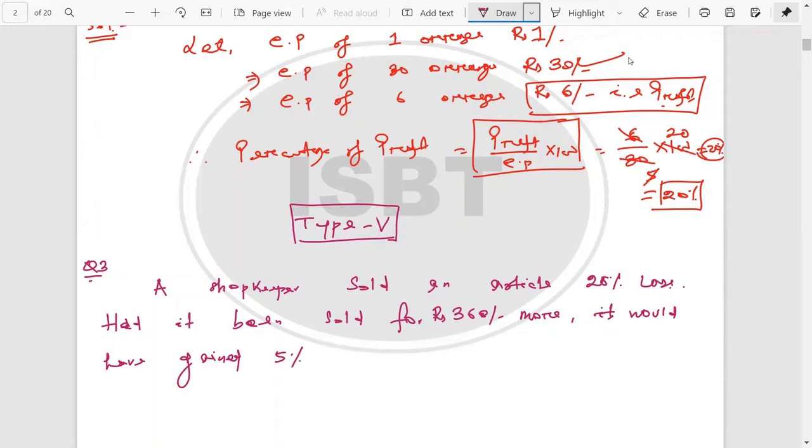Okay, the question is, at what price was the article sold initially?